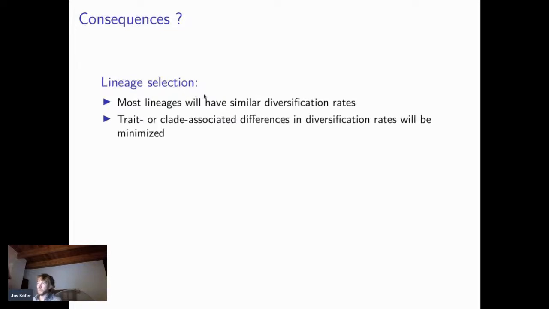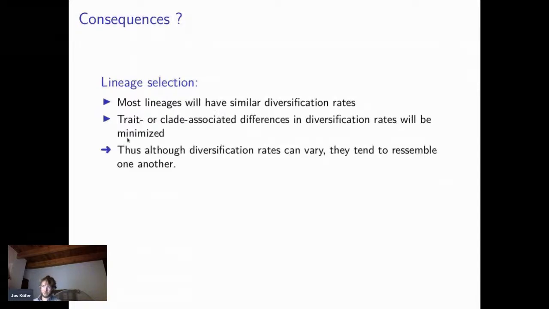So trait- or clade-associated differences in diversification rates will be minimized. If you have a trait that isn't as good for diversification as another trait, you will have to evolve other traits that compensate for this disadvantage and allow you to keep up with the diversification rates of other clades. Otherwise, you'll just disappear.